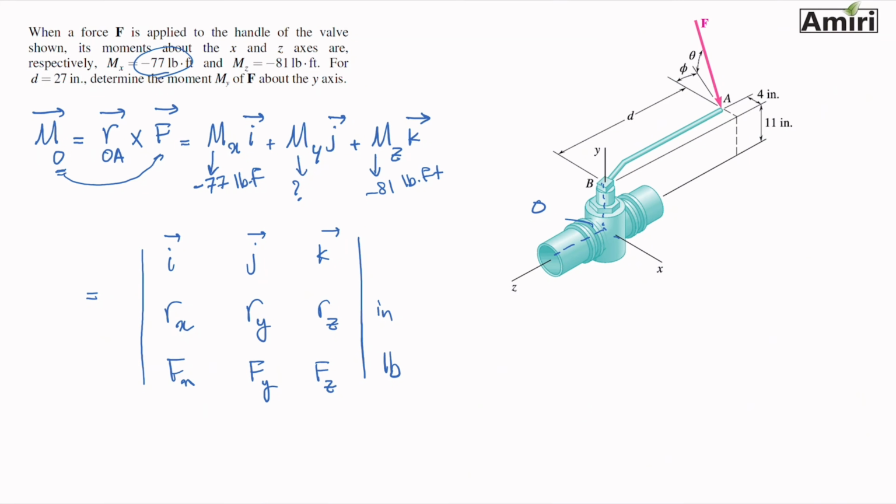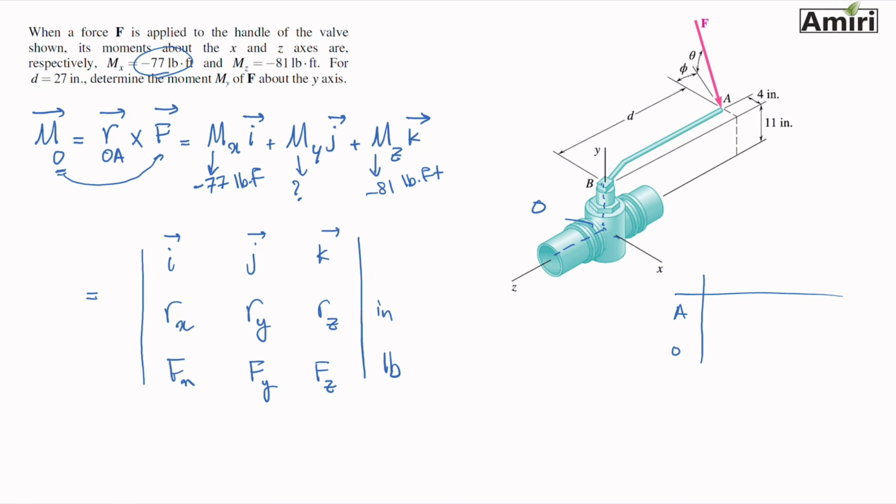So the components of R go in the second row. The components of F will go in the third row. So let's just start by finding each of those. We can start with any of them. Let's just start with the position vector.